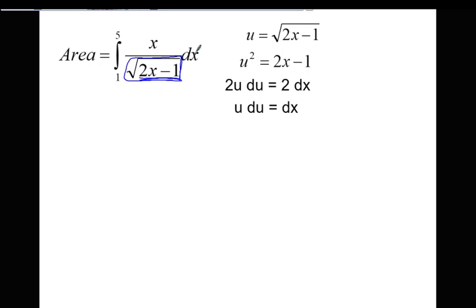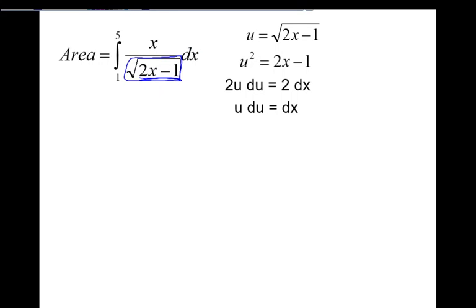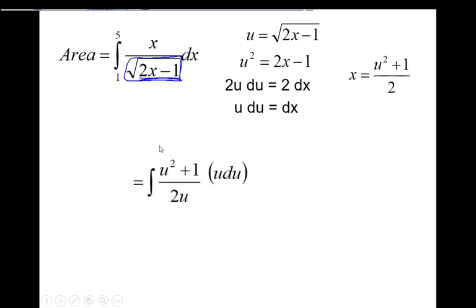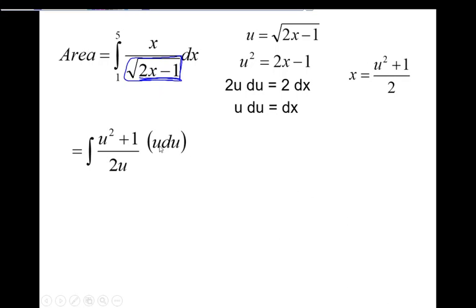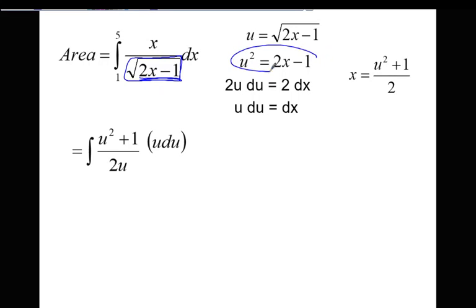Now, let's do a little bit of substitution. Again, we're going to find our upper and lower limits, but I'm going to solve for x. So when I solve for x here, and that's what I did right here, I moved the -1 to the other side, making it +1, and then divided by 2, and I get this x.